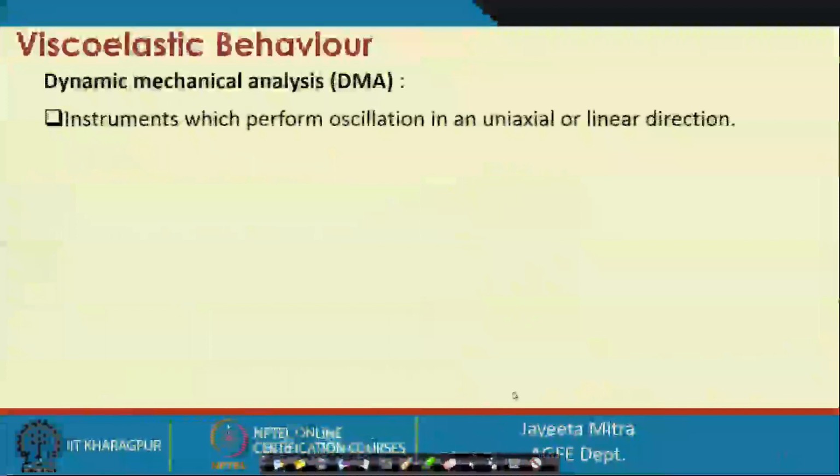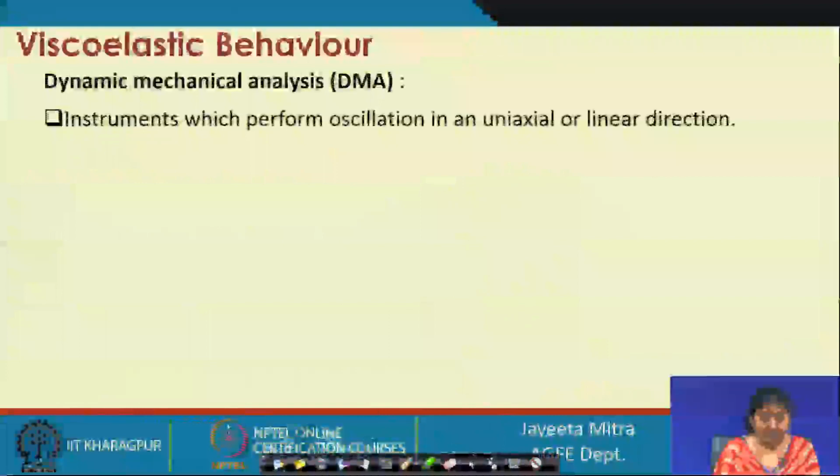So, another thing is dynamic mechanical analysis. We often do this test in various food materials or different polymer materials to understand the textural behavior of that. What we do here is that instead of the rotational movement, we have replaced it by an oscillatory mechanism.